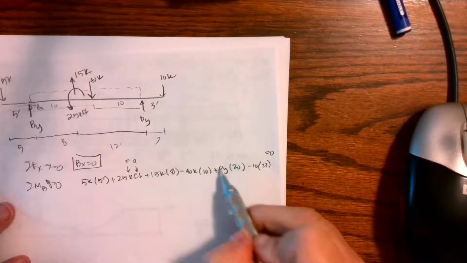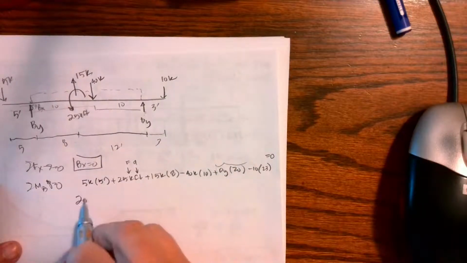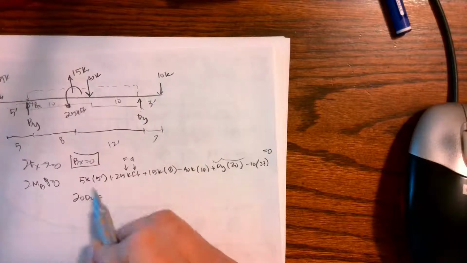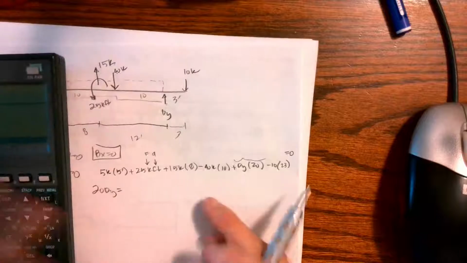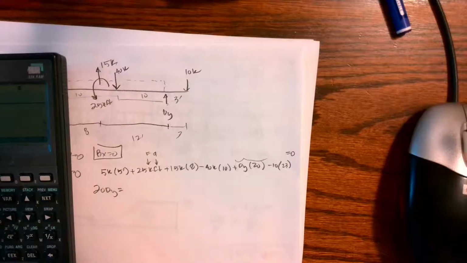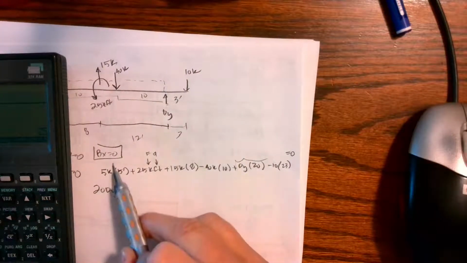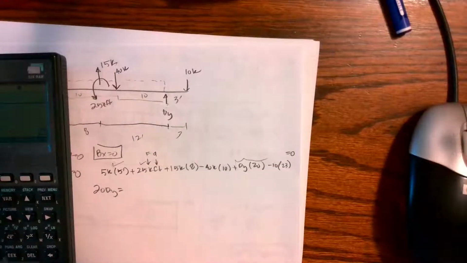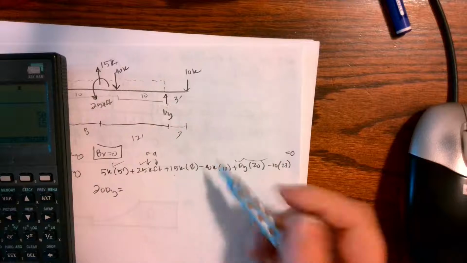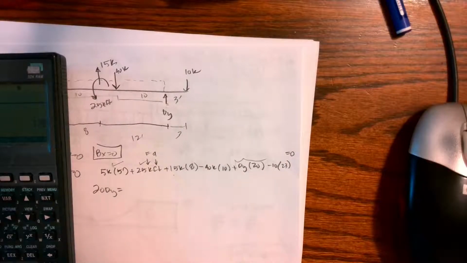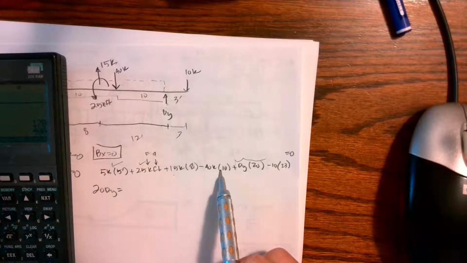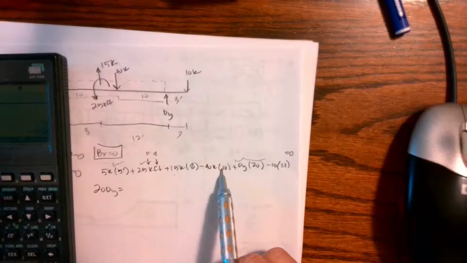So I'm going to keep my 20 dy on one side, and I'm going to take everything else to the other. We're going to do that in our calculator. So I have 5 times 5, and right now it's positive, we haven't moved it, plus 25, plus 15 times 8, that's positive. Then we have this 40 times 10, which is negative, so I'm going to put a negative on it before I add it.